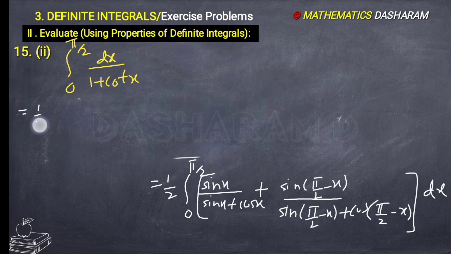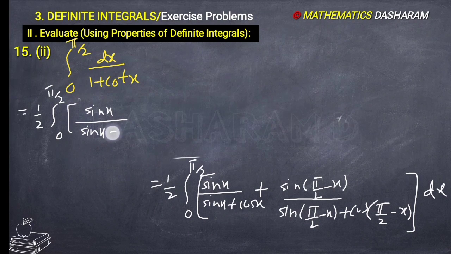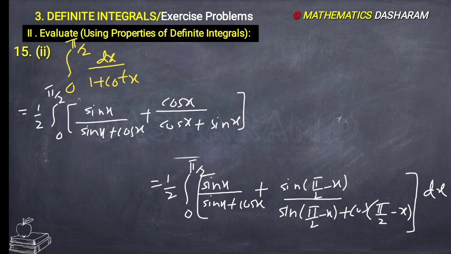So 1 by 2 integration 0 to pi by 2 sin x divided by sin x plus cos x plus sin pi by 2 minus x is cos x, next to sin pi by 2 minus x is cos x plus cos pi by 2 minus x is sin x dx.